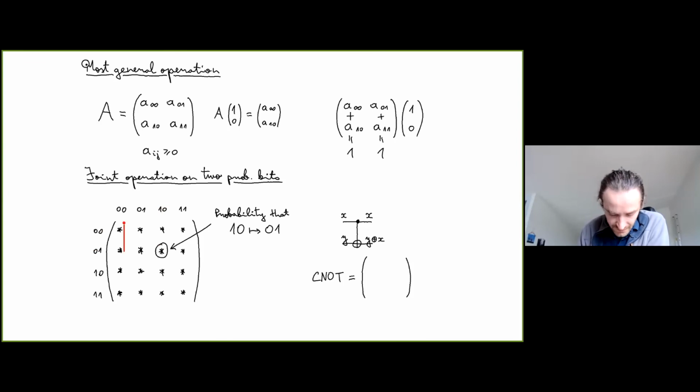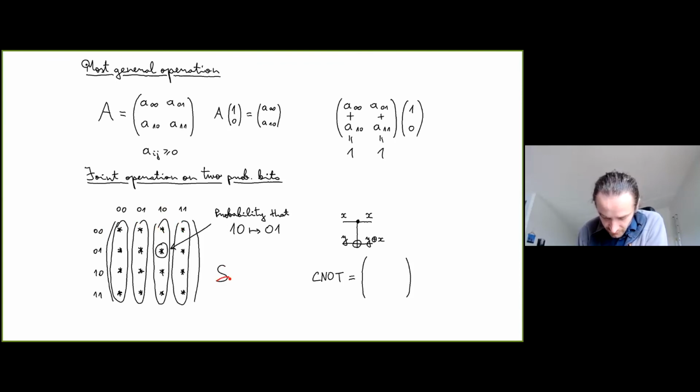Again, this table should have the property that all the entries are non-negative and all the columns sum to 1. Such matrices are called stochastic. So in general, you're going to have a 2 to the n by 2 to the n stochastic matrix, and that describes the most general thing you can do on your n probabilistic bits.